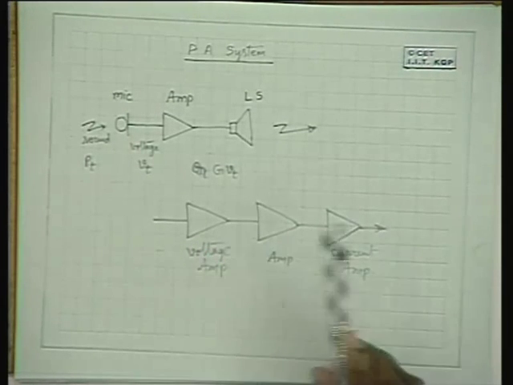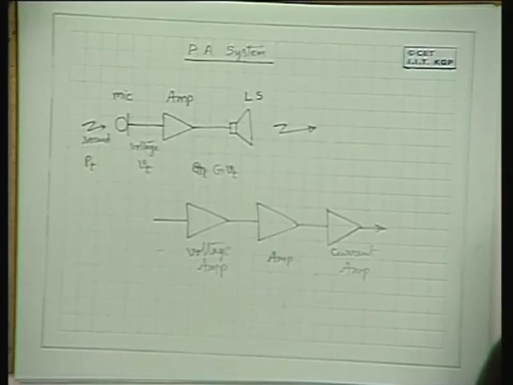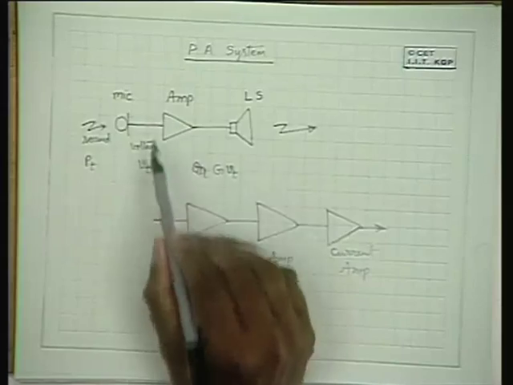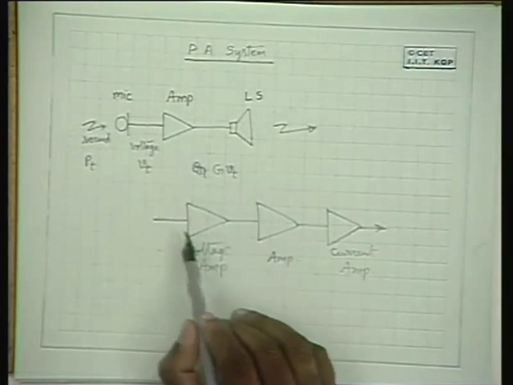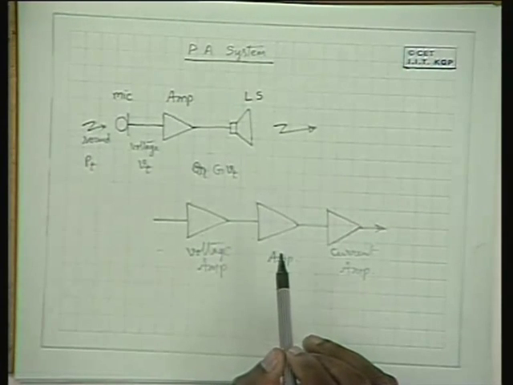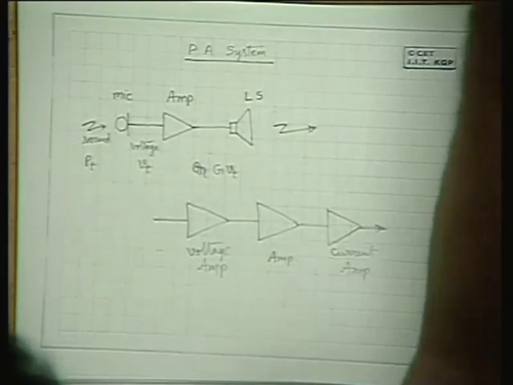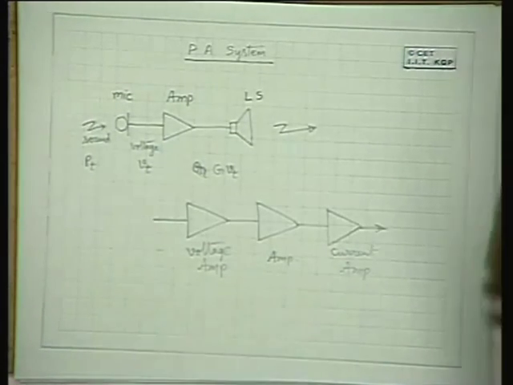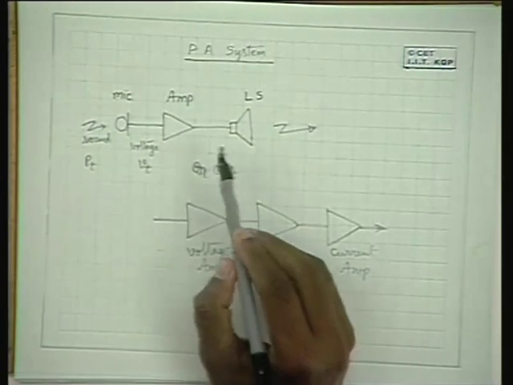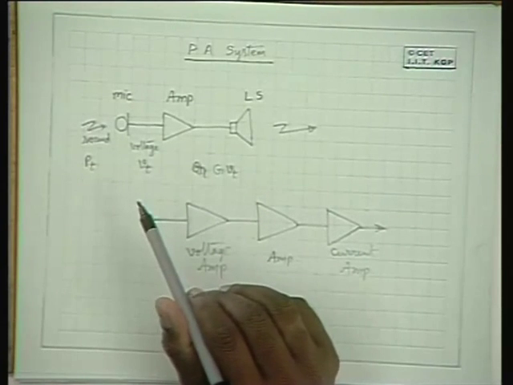So please note that there are some voltage amplifiers, current amplifiers, and amplifiers which provide both current amplification as well as voltage amplification. Further, please note that this particular amplifier may be a cascade of a few amplifiers. This is a simple application where the processing of the signals involved is simple amplification.